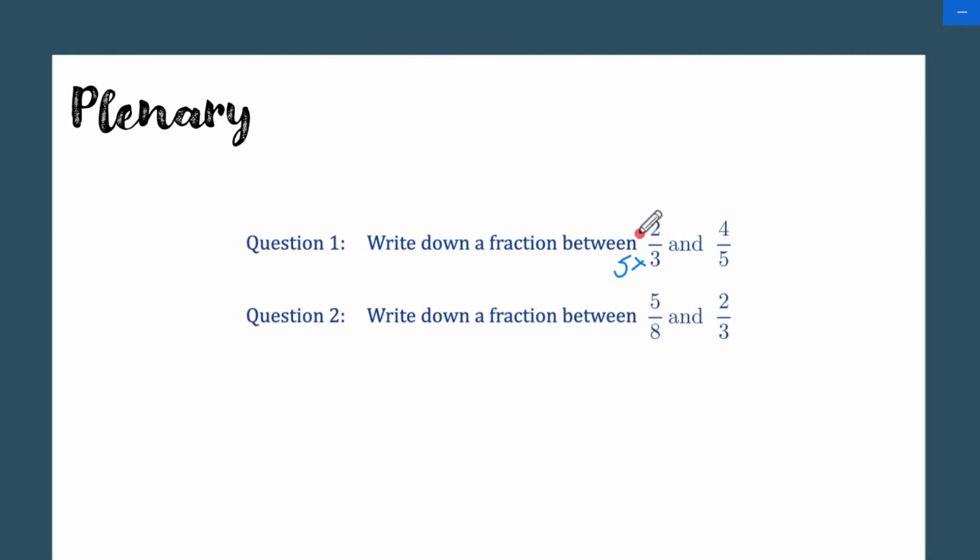Times 5 and times 3. That gives me 10 and 15 and 12 and 15. A fraction between these two fractions would be 11 out of 15. And for the next one, you can try to do this on your own.